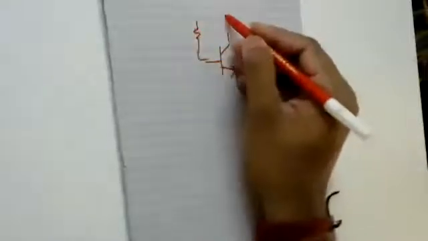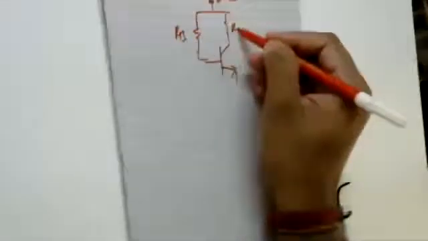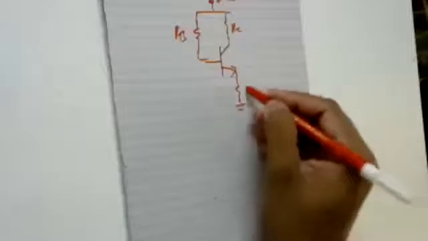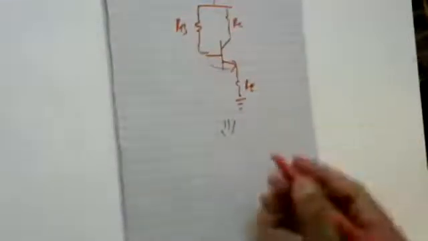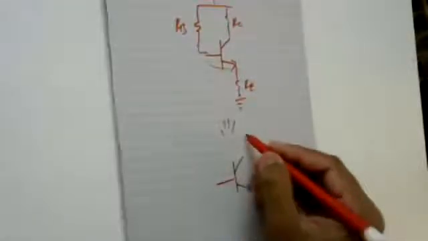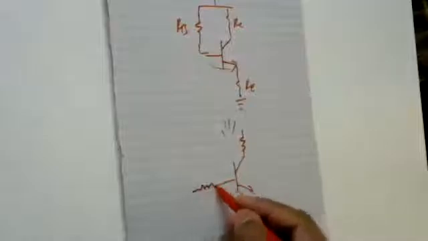I have represented my resistances RB, RC, this is my VCC, and this is my RE. Now I want to represent the same circuit in a very simple manner, with my transistor, RC, RE, and RB.